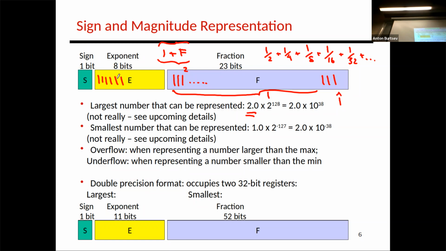Now let's ask a question. How many numbers can we represent with 8 bits? 256, and it's logical to say that you represent powers from 0 to 255. But I also have a question about the exponent. It has to be negative, or also positive, right?